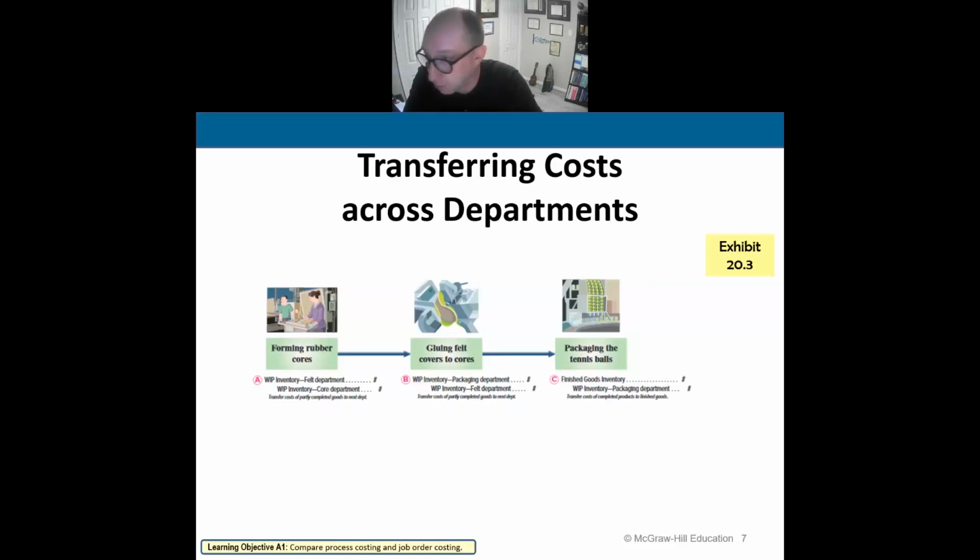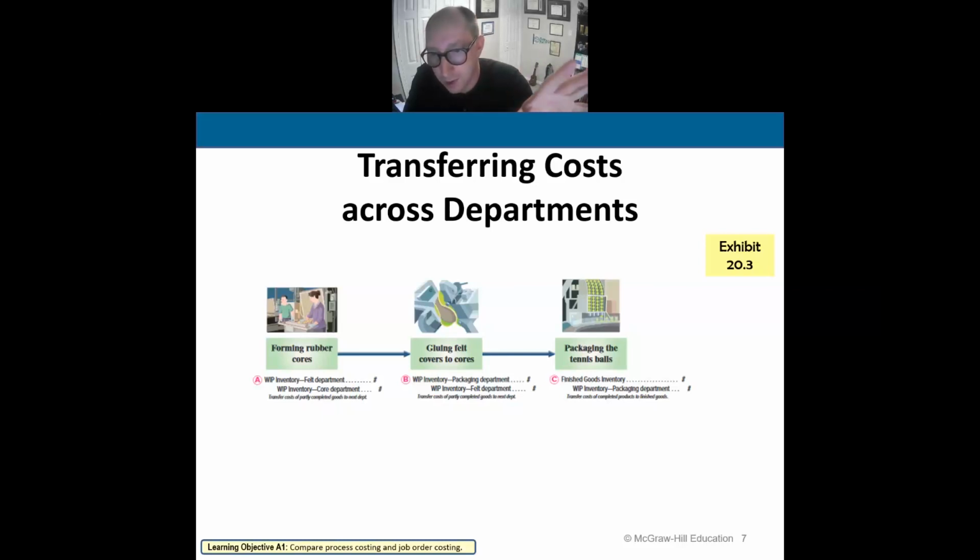Because I'm adding more costs in that department. So I debit packaging department and I credit filling department, work in process inventory. And then when it's packaged, so we put it into the box, we debit finished goods inventory and we credit packaging department, work in process.